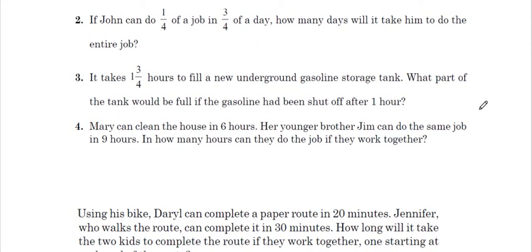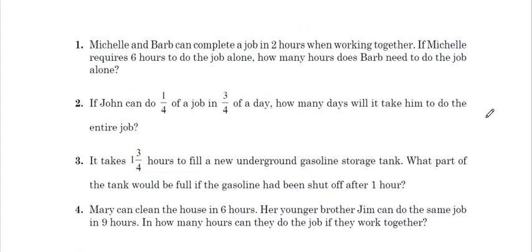So we have these kinds of problems as practice. Michelle and Bob, 2 people, can complete the job in 2 hours when working together. If Michelle works alone, it takes 6 hours, so 1 hour for her is 1/6.